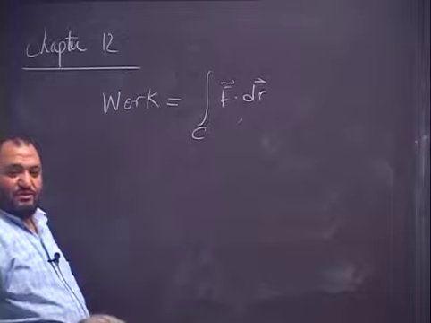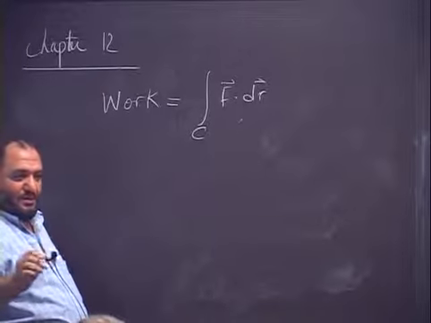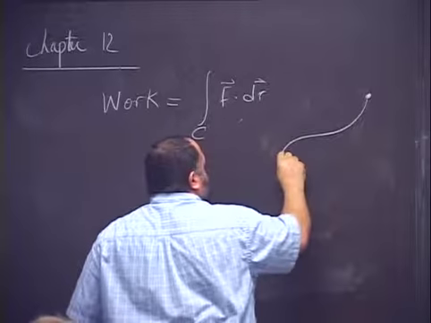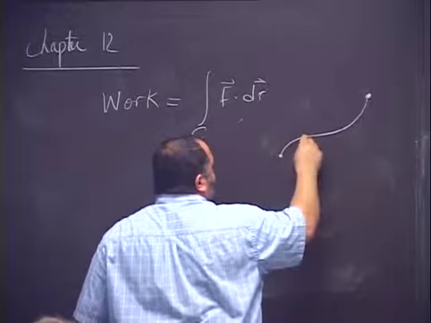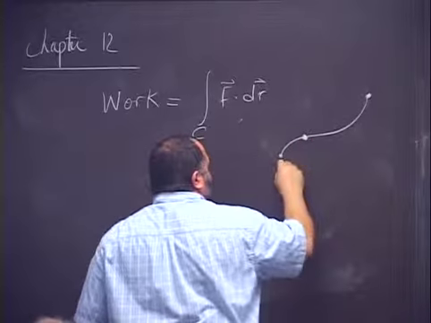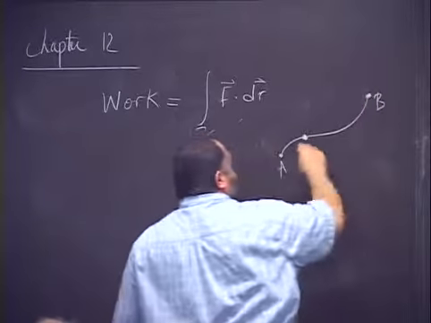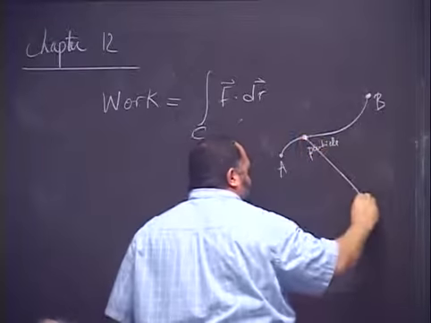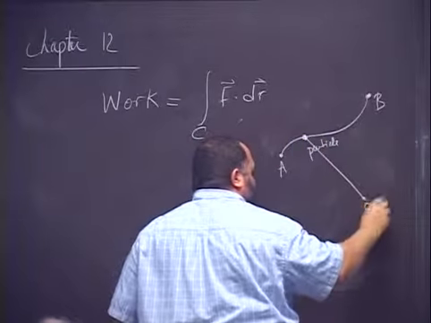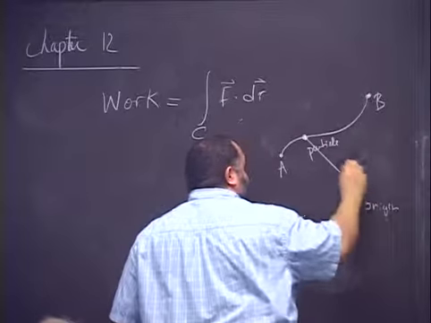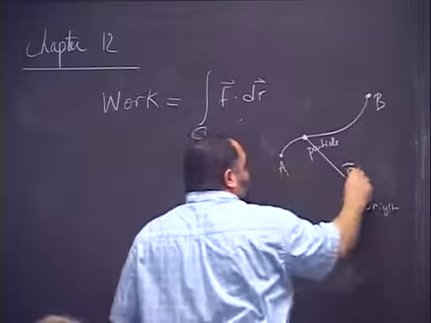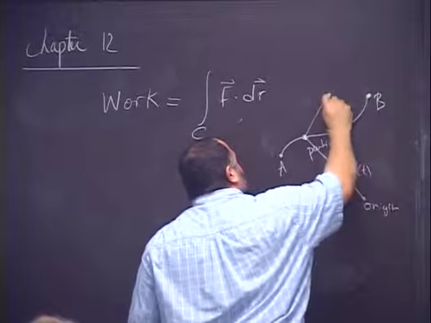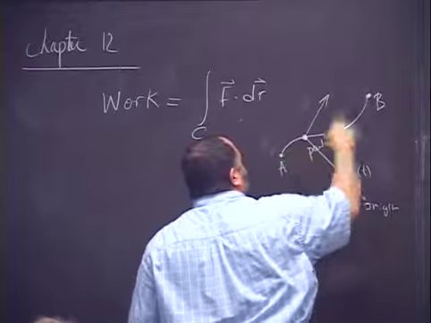To integrate the force dotted with dr over a certain path. So if you have a particle here moving from point A to point B, the particle has a position vector from the origin, R. Let's assume it's R of t, and there is a force that tries to pull this particle from point A to point B.